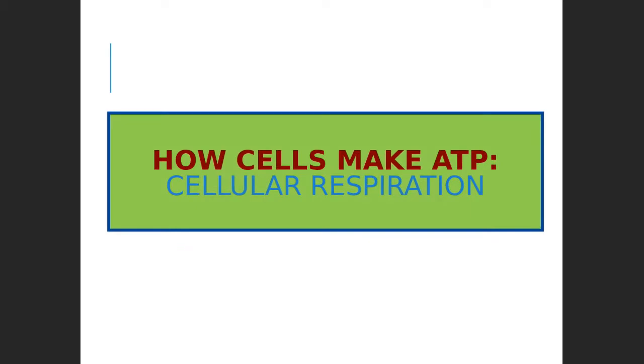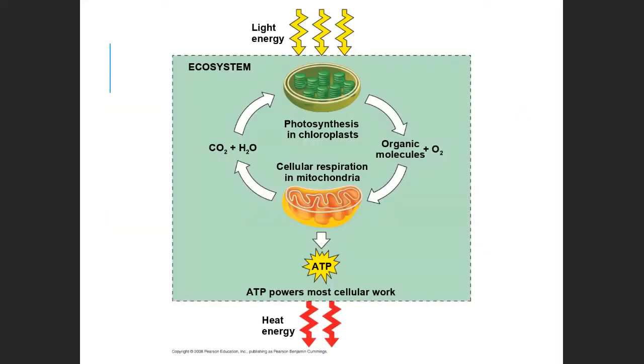So how do cells make ATP? They do it in the process that we call cellular respiration. You know that animals, humans, we are heterotroph organisms. We are the consumers of this planet. Who are the producers of this planet? The producers of the planet are the plants.